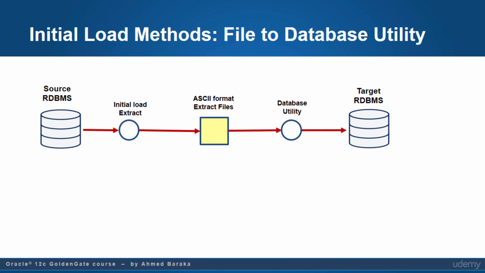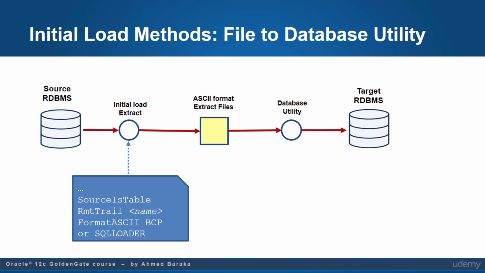This file will be read by a database utility like SQL*Loader for an Oracle database, Microsoft BCP, DTS, or SQL Server Integration Services, SSIS utilities for SQL Server, or IBM Load Utility, LOADUTIL, for DB2 database. As part of the load procedure, Oracle GoldenGate uses the initial load replicat to create run and control files required by the database utility.